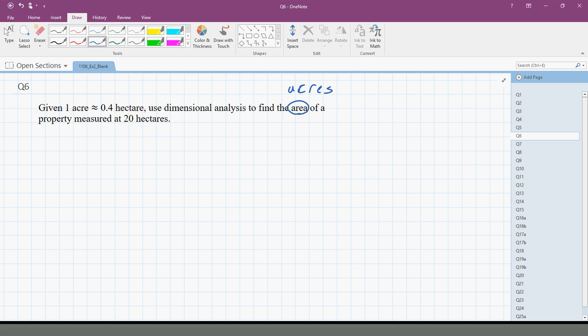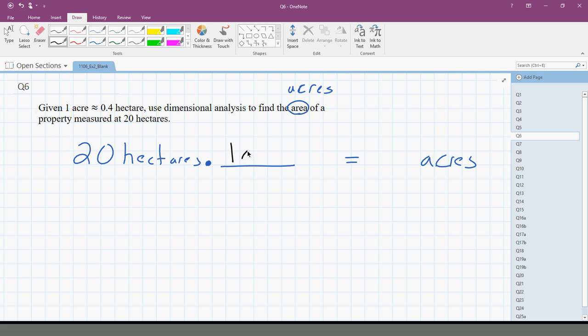So how are we going to do this? We know we got 20 hectares. We want to convert it to acres. What are we going to multiply by? Well, 1 acre and then divide it by 0.4.